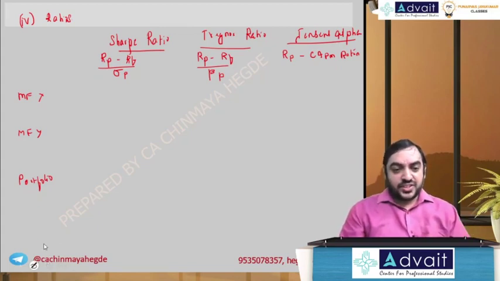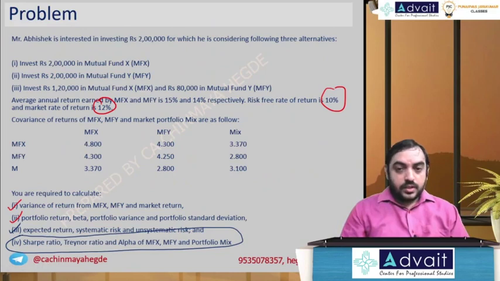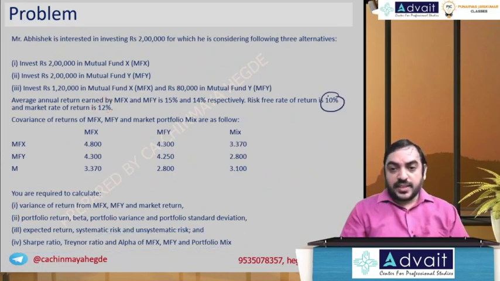Let's calculate. So the return of the portfolio, where is that given in the question? Risk-free rate is 10. Portfolio return, average returns. You see the average return earned by X and Y is 15 and 14 respectively.